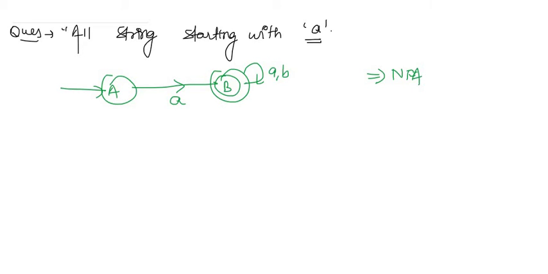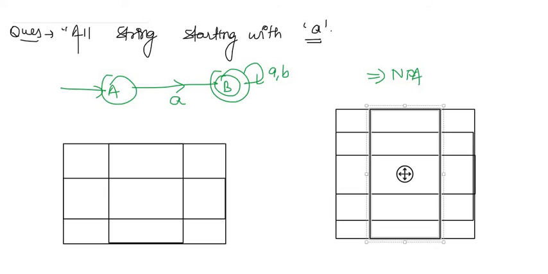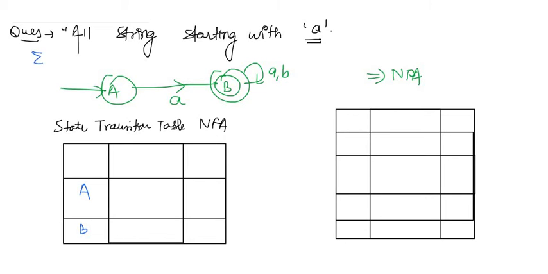Now we need to construct the state transition table for the NFA. So we will write the states, and the states here are A and B, and the alphabets here, as we can see, are a and b. So we will write a and b here.